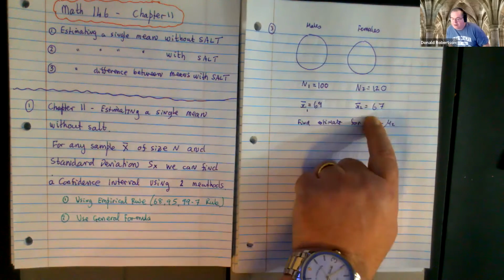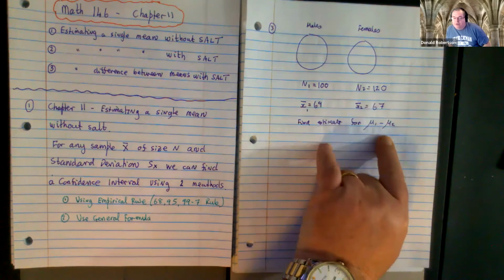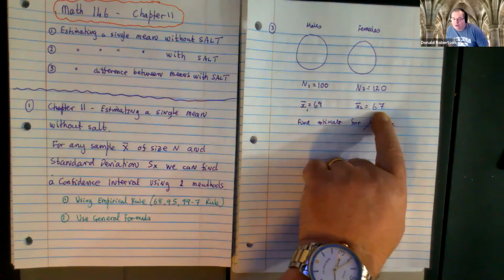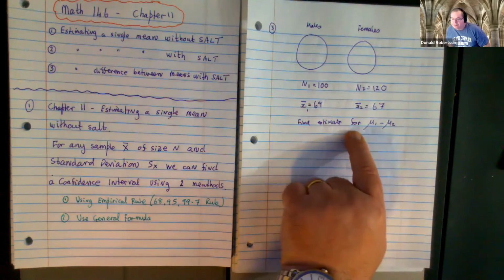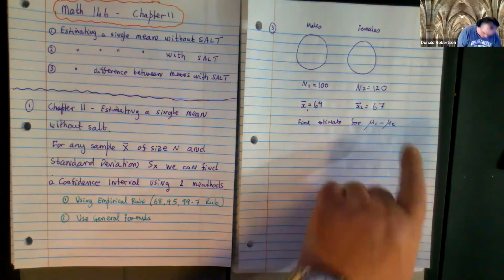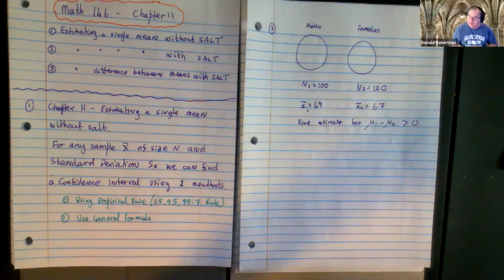That one's 69, that's 67. What we're more interested in is, if you use this to represent all males, and this sample to represent all females, is there enough evidence to prove that the difference of the population means, remember mu1 and mu2, is positive? Wouldn't that mean males are taller than females?